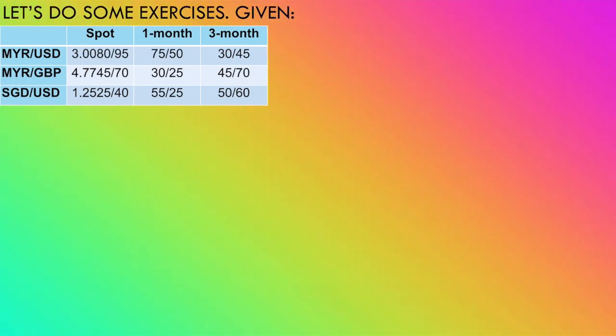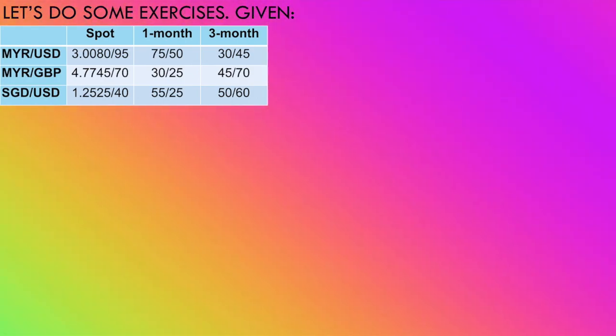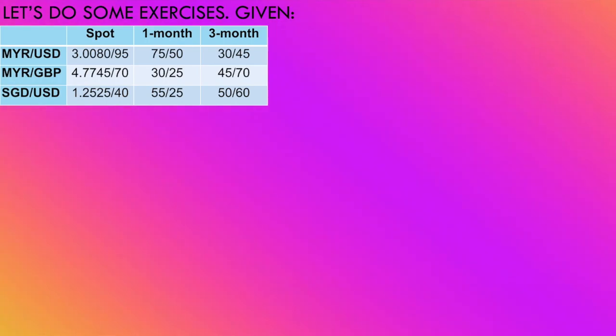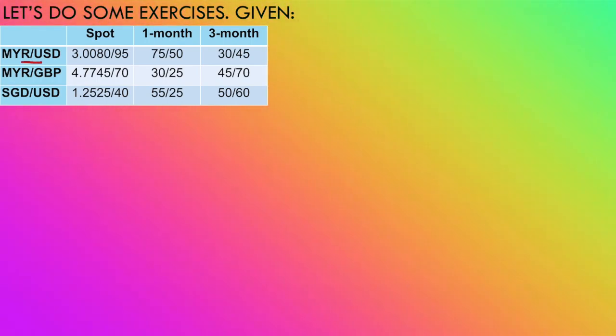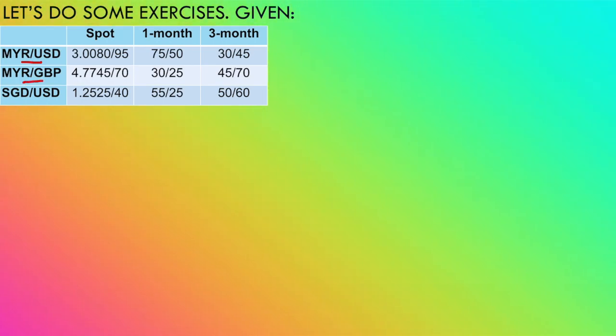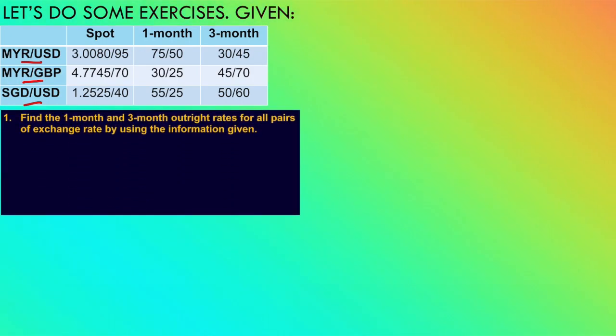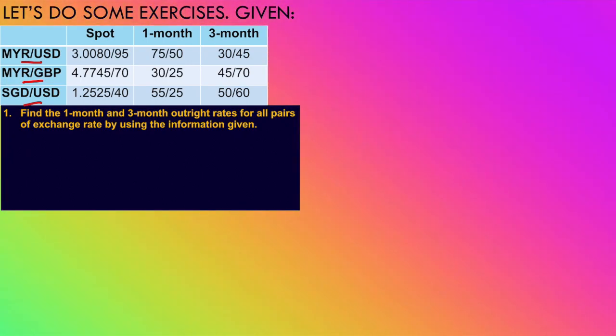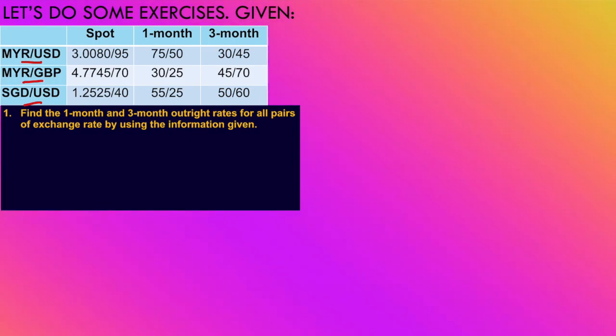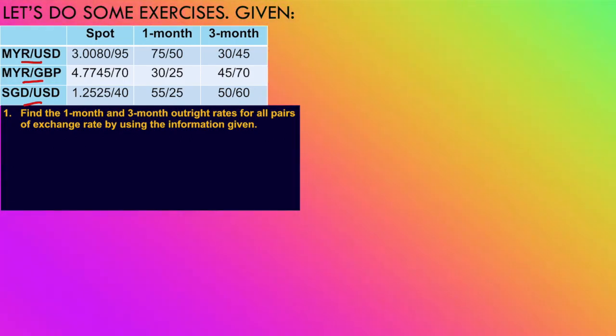Okay, let's do some exercises. Given spot rate 1 month and 3 months for Malaysia US dollar, Malaysia per GBP, Singapore per US dollar. Let's look at the question. Find the 1 month and 3 months outright rates for all pairs of exchange rates by using the information given.